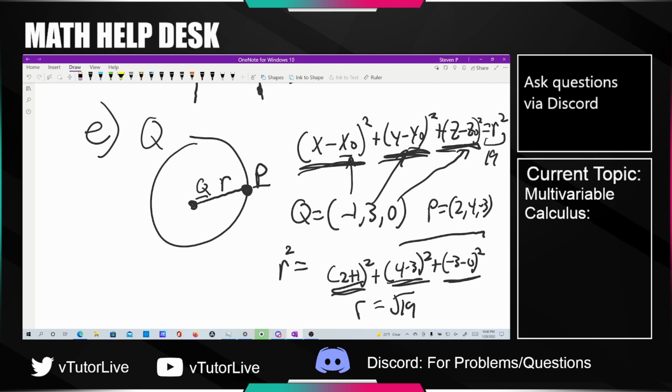Just remember, guys, that a, b, and c in the equation represent the center. Your way was basically plugging in the values of Q with the arrows I've already drawn and plugging in the values of P like this, and it works out to be the exact same thing.